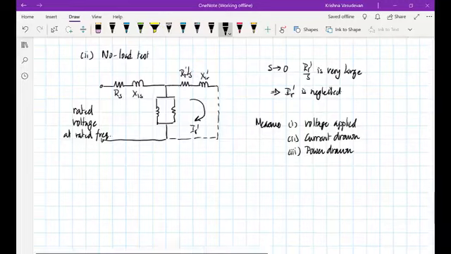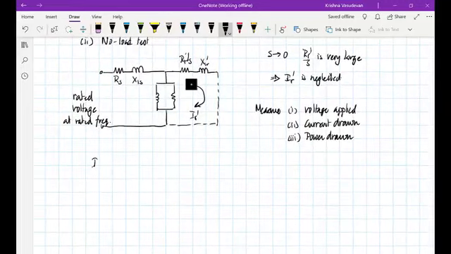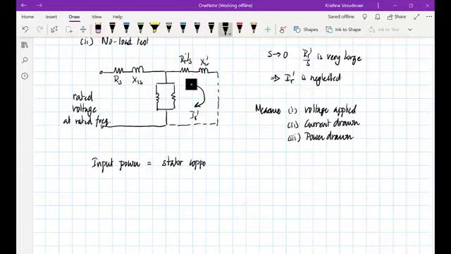Now one must note that the input power is going to be used up as stator copper loss, and then stator iron loss plus mechanical losses.